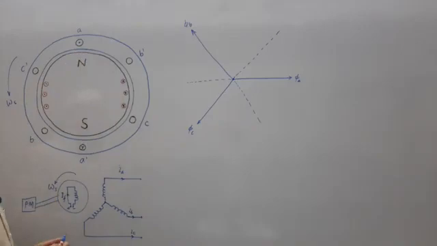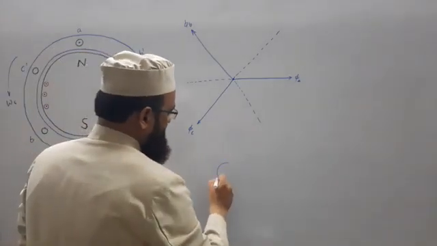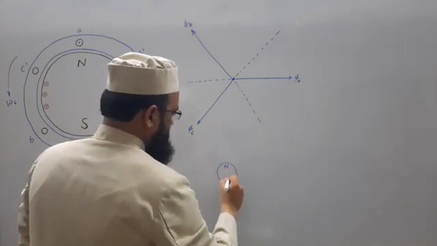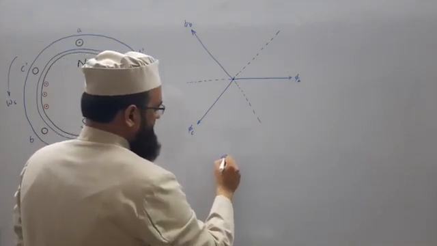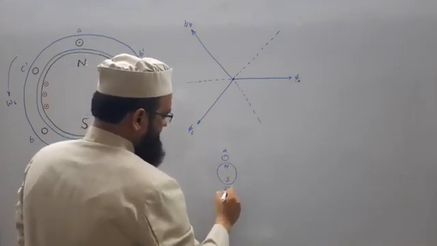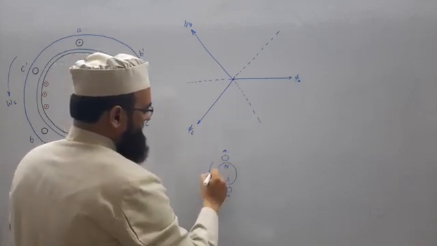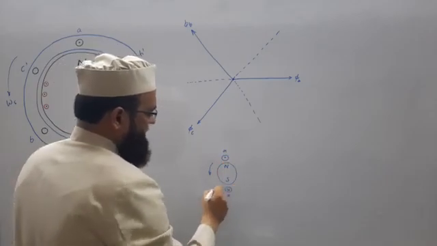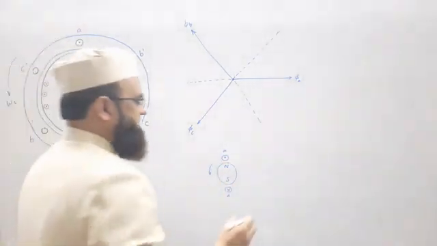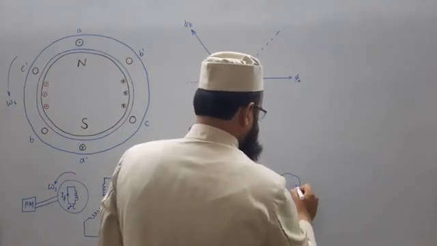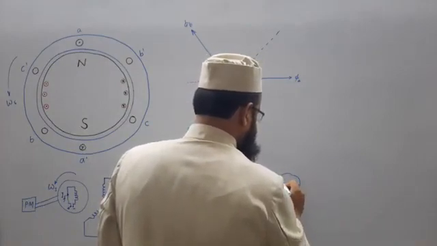Suppose, let us take, present case is this N S, and this is A, and this is A dash. So here we have seen that as this is being rotated this way, so dot and cross is there. So at this moment, and let us take another moment, when N was here, S was here, right?